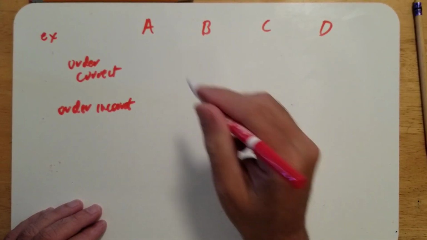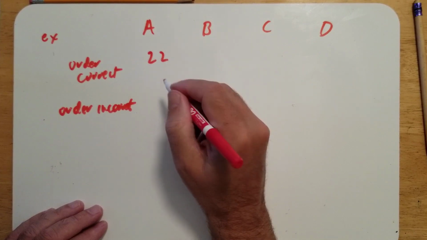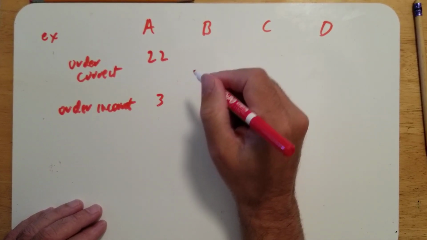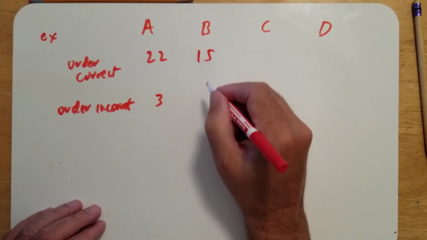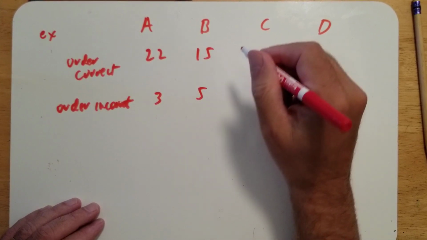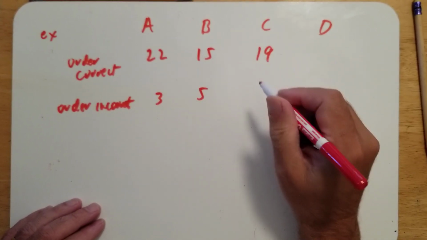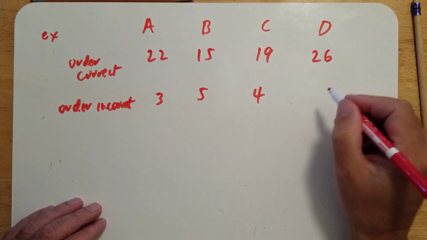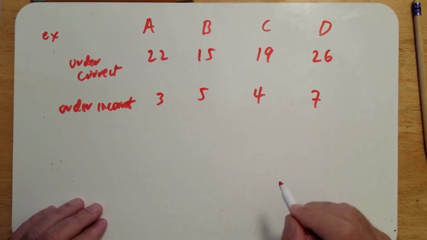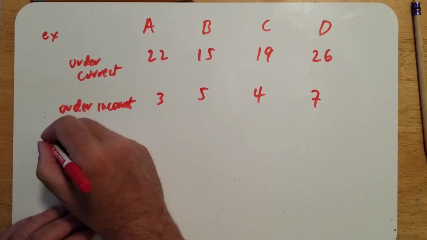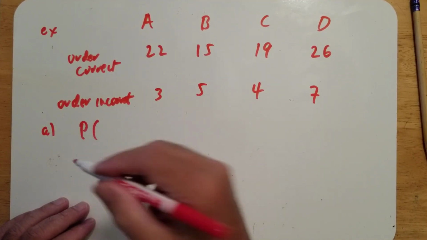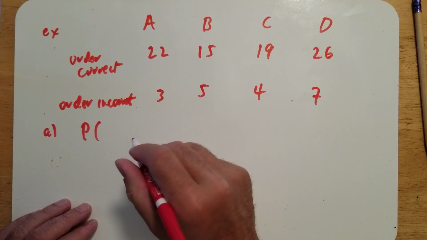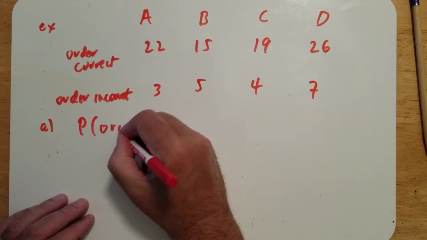At restaurant A, 22 correct, 3 incorrect. At restaurant B, 15 correct, 5 incorrect. At restaurant C, 19 correct, 4 incorrect. At restaurant D, 27 correct, 7 incorrect. So the first question is, find the probability that one of these orders is correct.